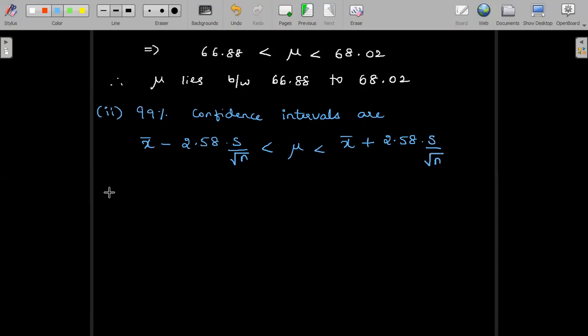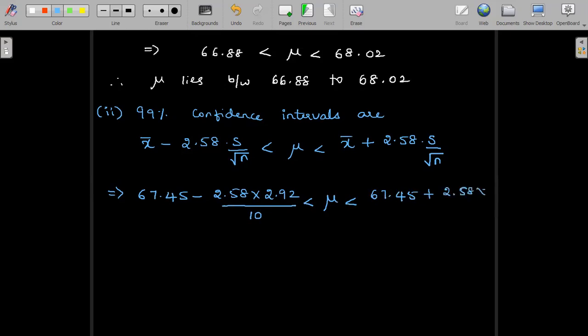So let us substitute x bar, S and n. This is 67.45 minus 2.58 into S, where S is 2.92, divided by square root of 100 which is 10, less than mu less than 67.45 plus 2.58 into 2.92 divided by 10.